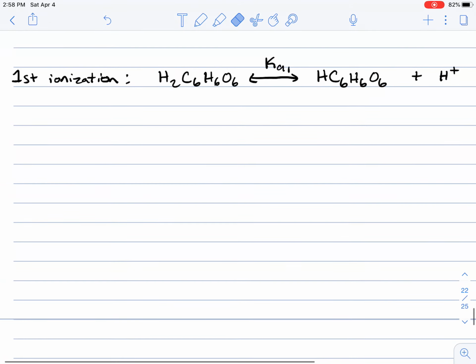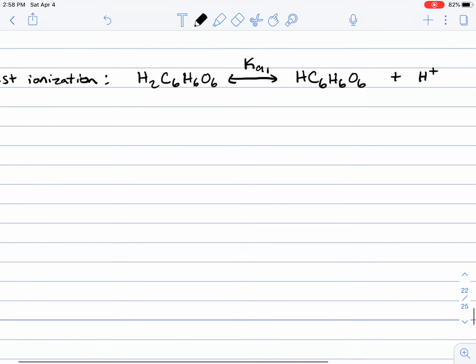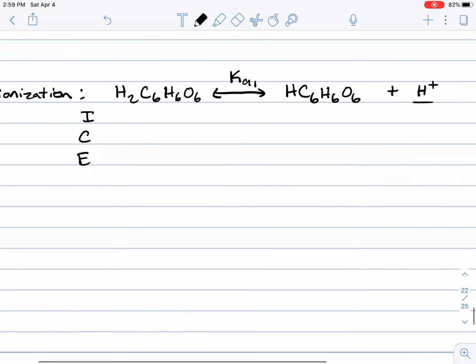Okay. And so for the first ionization step, we need to determine the equilibrium concentration of H+. And so to do that, we need to write our ICE table.